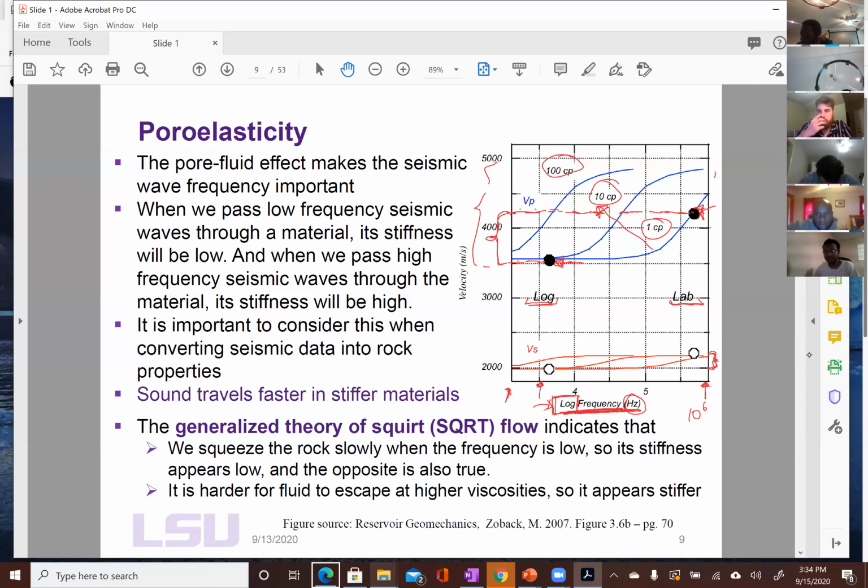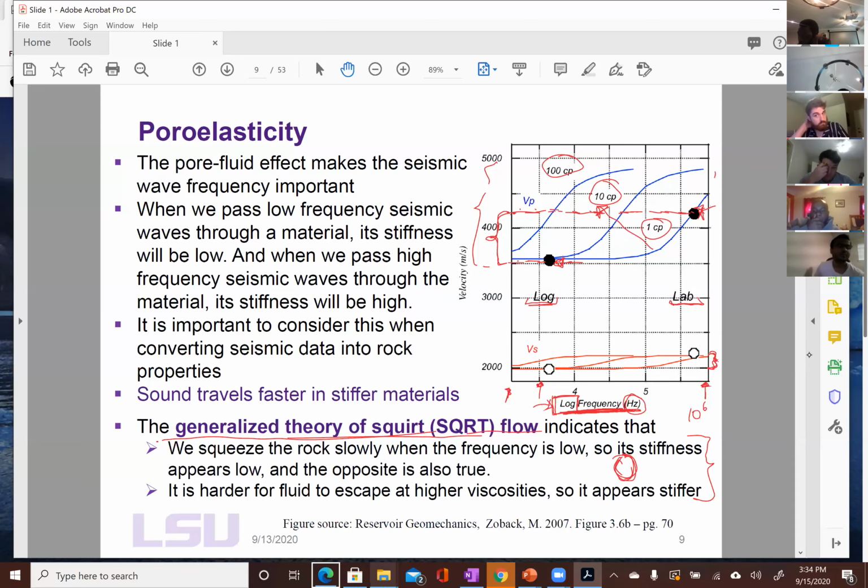And the theory that explains dispersion is what? The generalized theory of squirt flow, which is just this. And this I already explained using the tennis ball filled with water with a hole, using that analogy. So that's exactly what's going on.